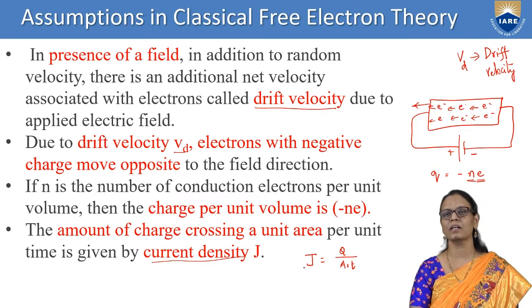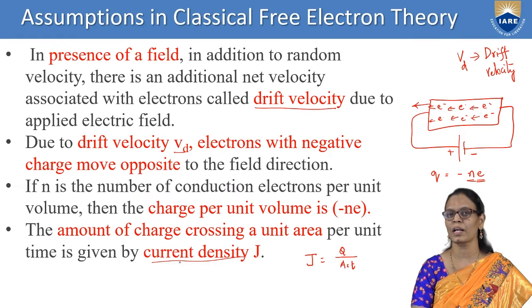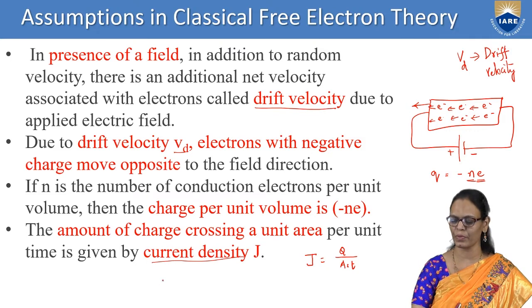The movement of electrons gives rise to the current, so the current density is given by the amount of charge per unit area per unit time.